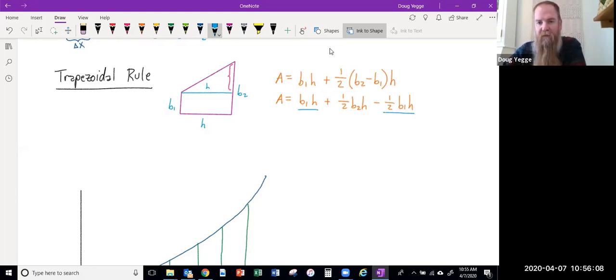So if I combine those, I get 1/2 B1H. So if I were to simplify this, I get an area formula that's just 1/2 the sum of the two bases times the height. So that's a real similar formula to the area of a triangle, except that I'm now going to say it's 1/2 base 1 plus base 2 times the height.